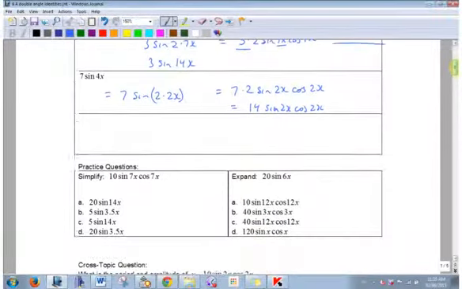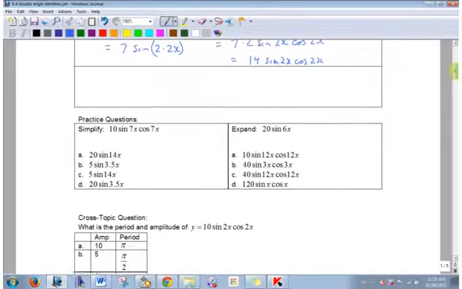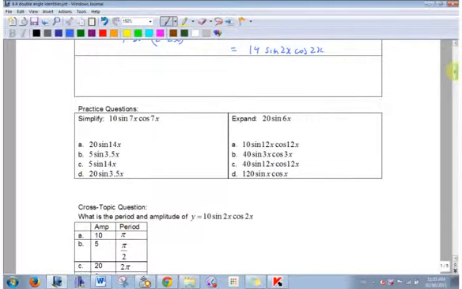Practice questions. These were probably on a previous government exam. Simplify. You got 4 choices. Well, I do know that, let's write it here. Sine 2 theta is 2 sine theta cos theta. Okay, so that's in the expanded form, but 10 doesn't help me.